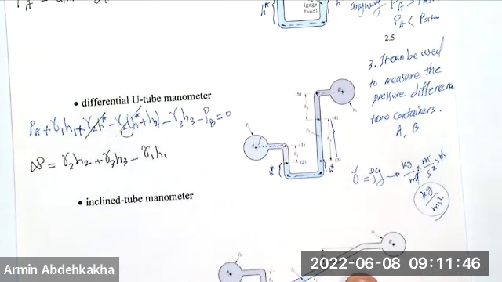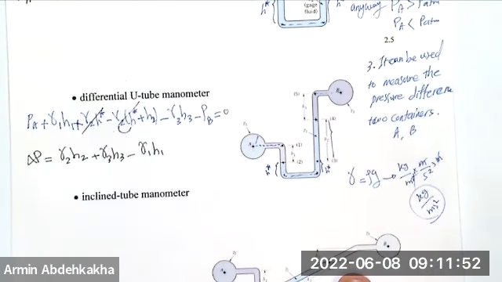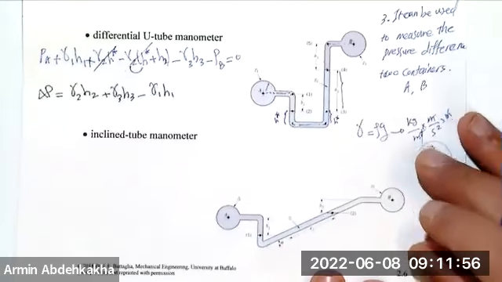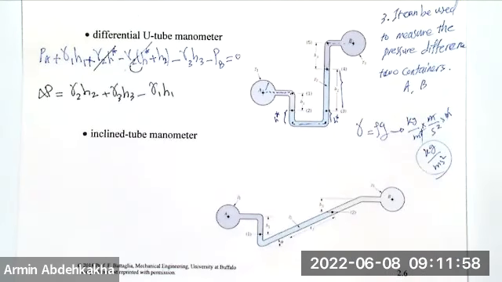Newton per meter square is going to be extracted from it. Clear?